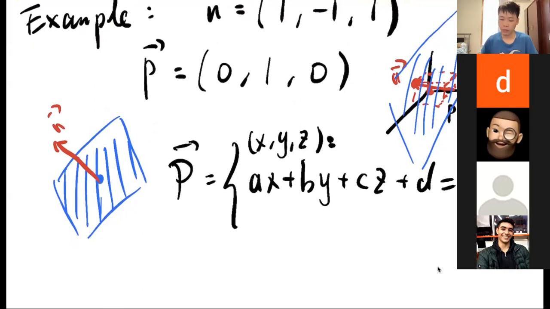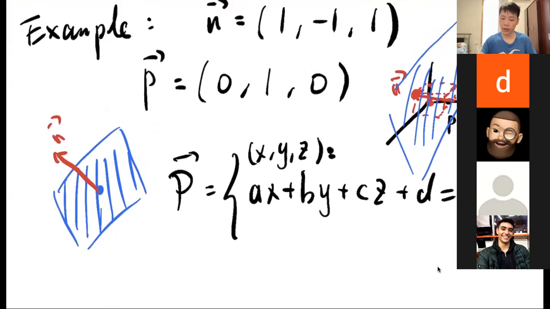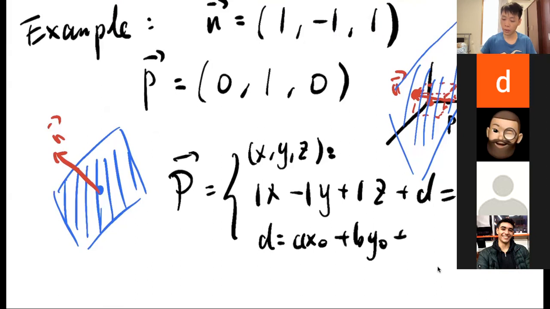Right? Well, what is A? A is 1. What is B? B is -1. What is C? C is 1. What is D in this case? D is the negative of Ax0 plus By0 plus Cz0.